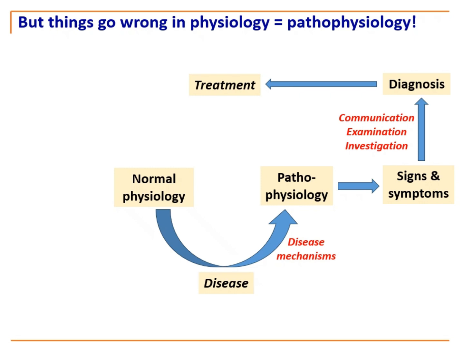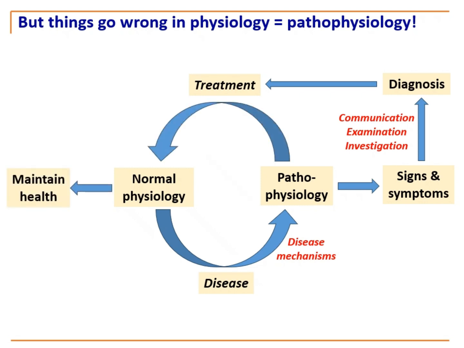And the whole plan of that treatment is to turn the pathophysiology back into normal physiology and to maintain your health. So it's kind of this whole cycle of what's going on. The key point is you've got your normal physiology, which might change during a disease, but we want to bring it back to normal homeostatic mechanisms. So normal physiology, normal homeostasis.